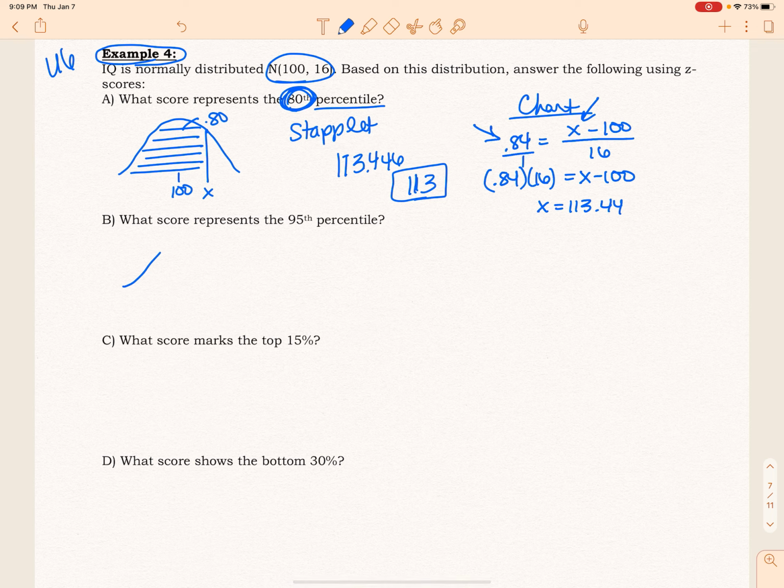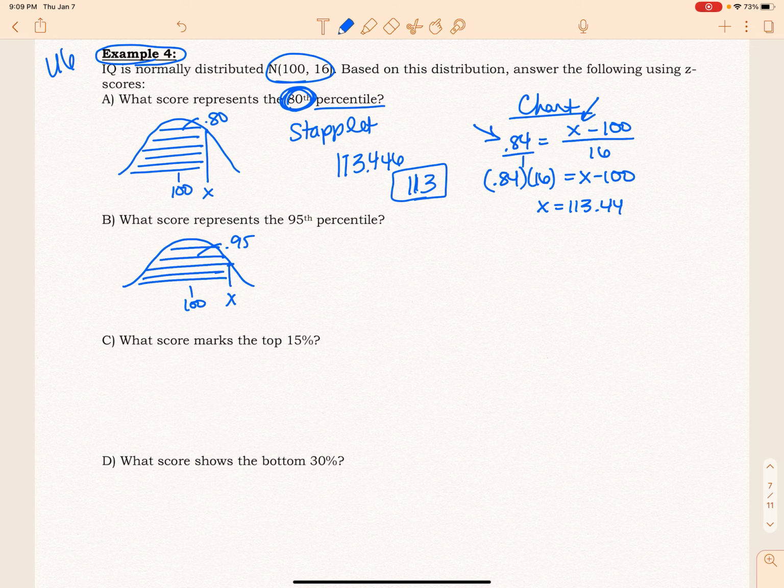95th percentile. Well, 95th percentile is almost the whole chart, or the whole graph. So some value gives me my 95th percentile. That means 95%, 0.95 below that value. So Staplet's pretty easy to use. I'm going to do it the same way. So we're going to use the chart again for this one, so you'll get some extra practice.